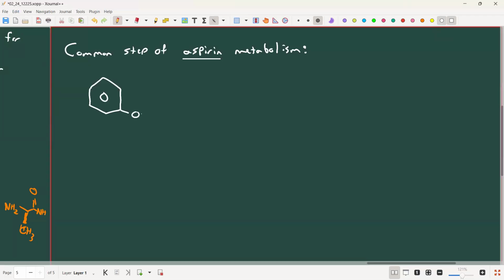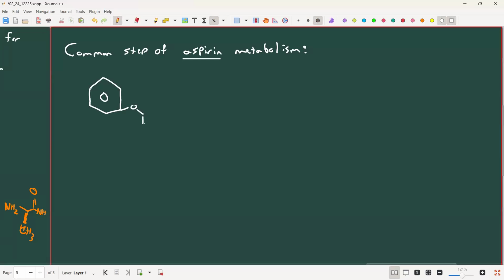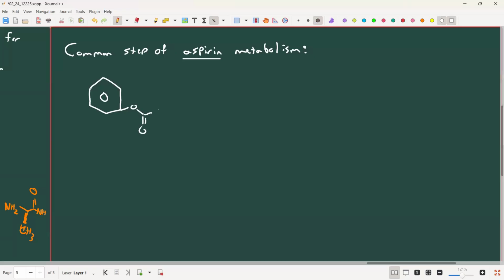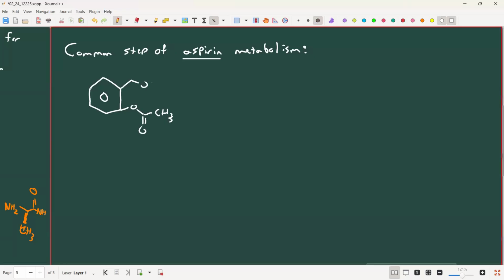So this is aspirin. Let me draw this better. Forgive me for my poor drawing skills. I'm going to draw this up instead. There we go. All right, this is aspirin.